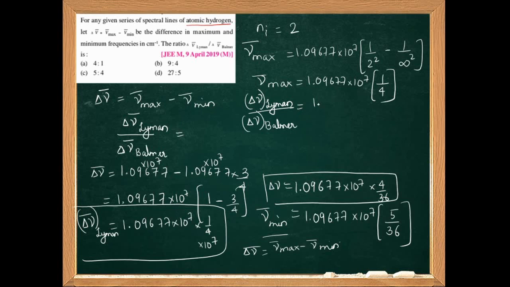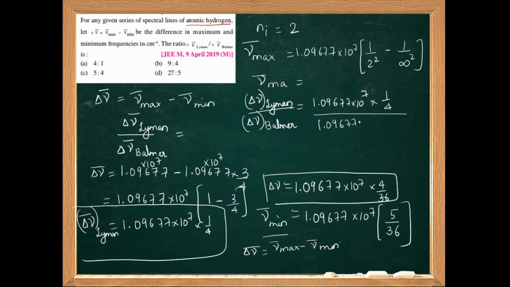So this will be 1.09677 into 10 to the power 7 into 1 upon 4, and the Balmer is 1.09677 into 10 to the power 7 into 4 upon 36. Okay, so these two terms anyway get cancelled. Multiplied by the reciprocal, 1 upon 4 into, I guess I've made some mistake.